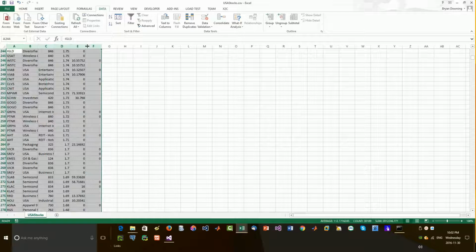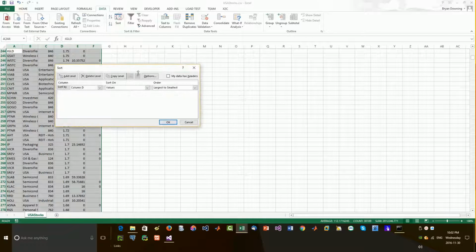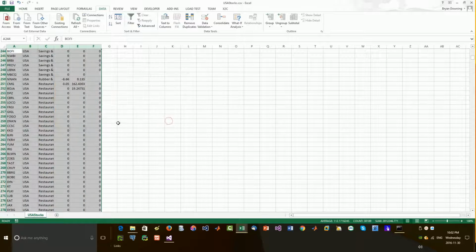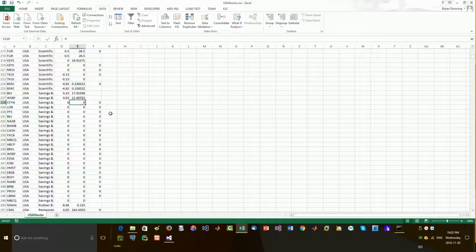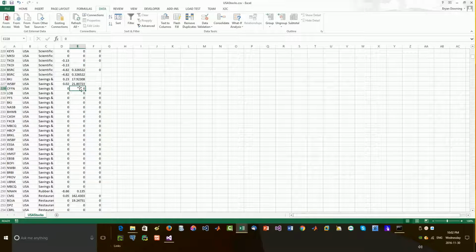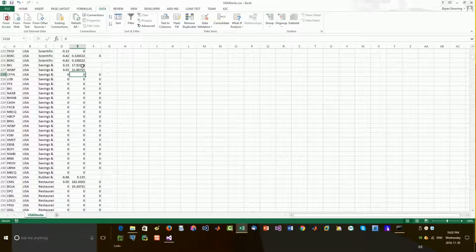So let me just see what we pull up here on the category, which is column C. What you'll find here is a lot of them don't have beta or EPS. That's usually a good sign that the company doesn't feel too confident. If they're not going to issue guidance, that's not usually a good sign to go with, because that means they don't feel confident about their guidance.